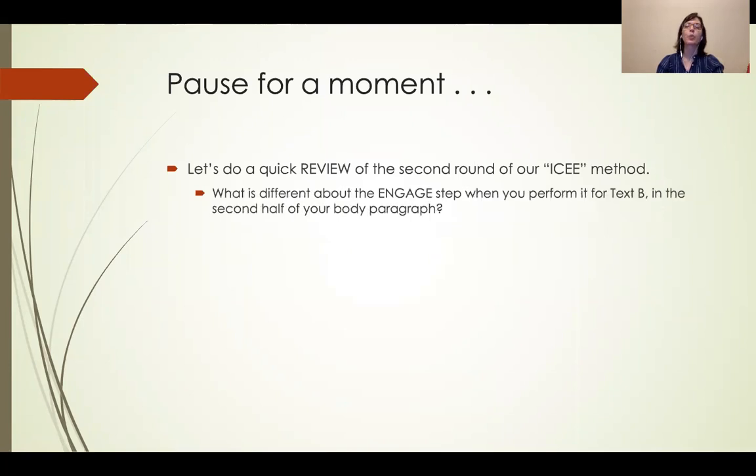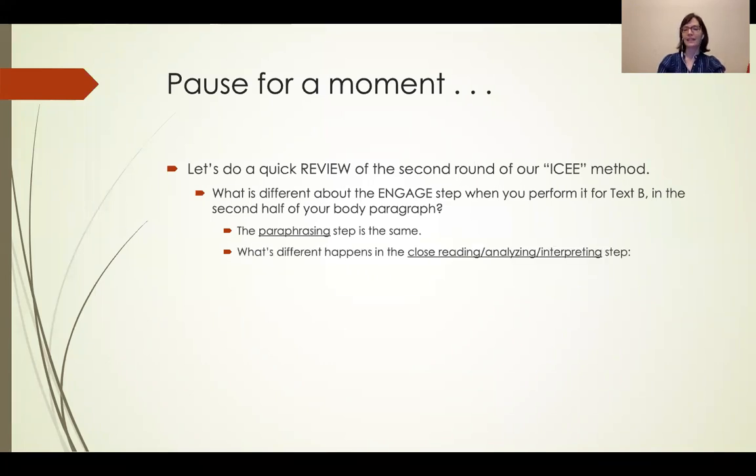And next question, so what is different about the engage step when you perform it for text B in the second half of your body paragraph? Okay, and so when we do the engage step the second time around, paraphrasing is the same, but the second engage step, close reading, analyzing, interpreting, that's what's different.